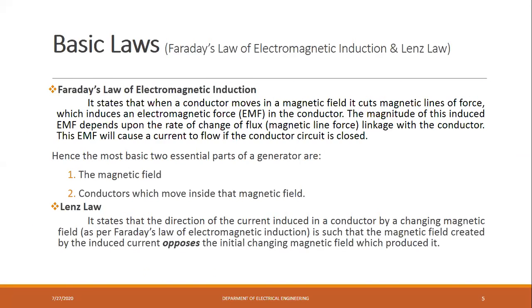Okay, so basically as I told you, there are two essential parts in the system. First is a conductor, second is a magnetic field. Now, how does Lenz's law come under this generator? So see, first thing, as I told you, due to EMF a current flows if the circuit is closed.